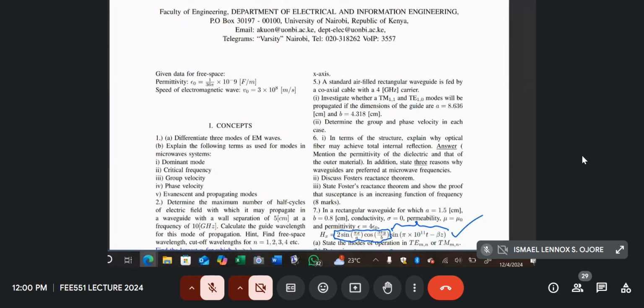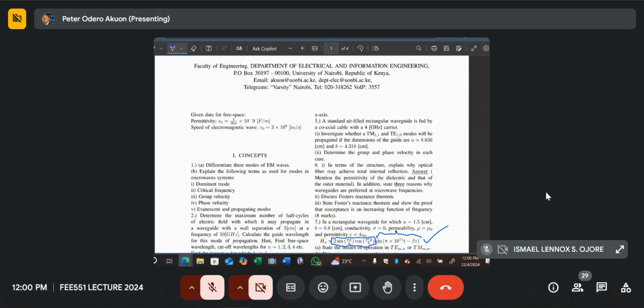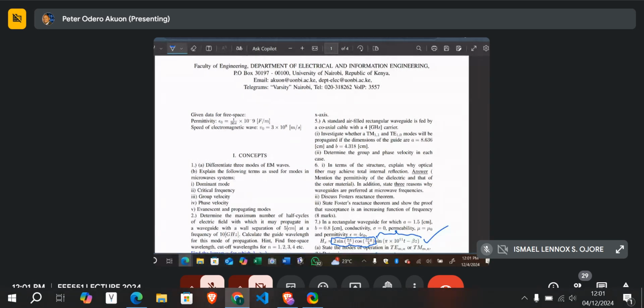I have a question. Is exciting TE11 the same as exciting TM11? You look at the equations. The key is what is it that you want? Otherwise, if you are to draw it, you will be putting the probe the same way for TM11 and TE11. But if you want a maximum amplitude, then you look at the equations produced for a TM mode.